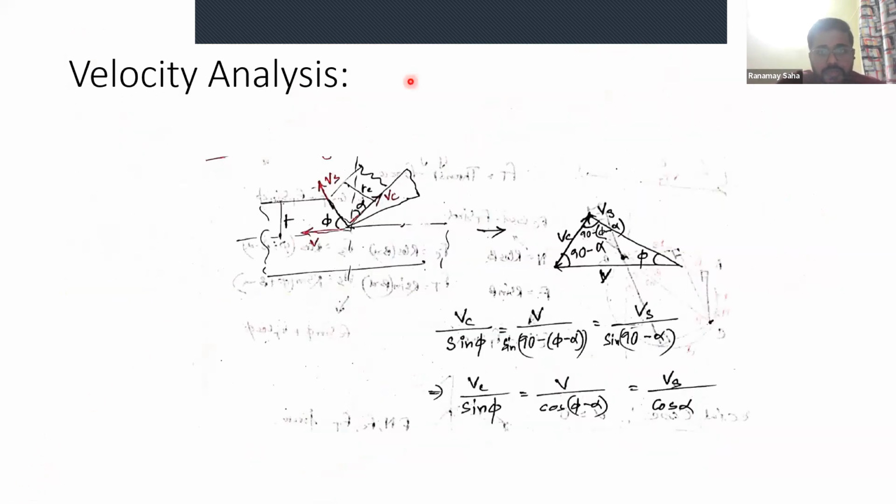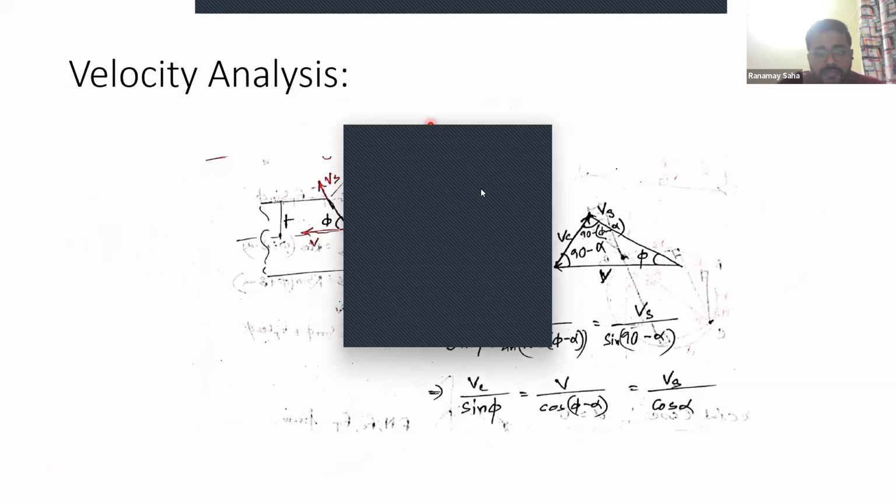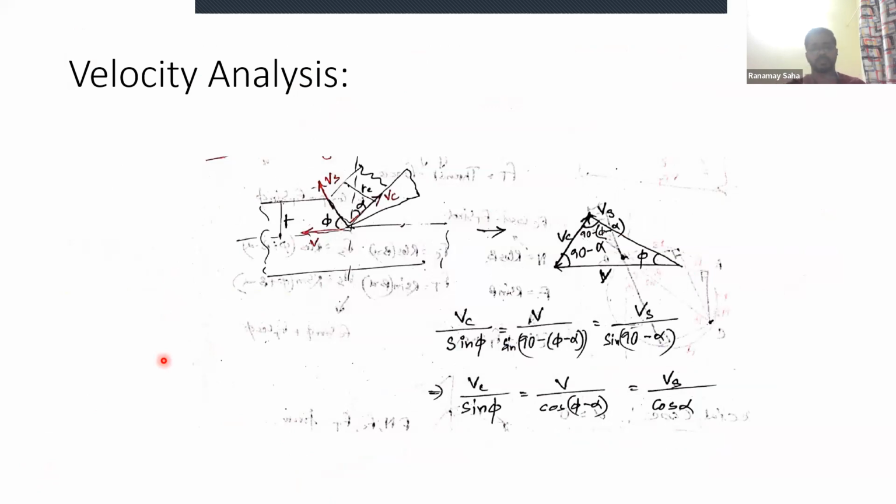So the velocity analysis is being shown here. You can see that it has three components, the cutting velocity, the chip velocity, and the shear velocity.